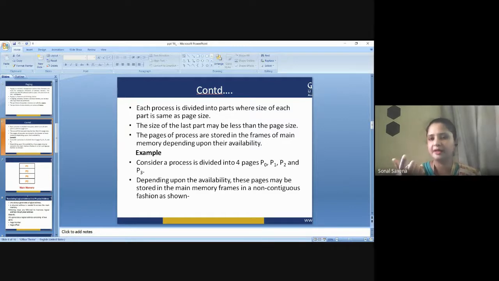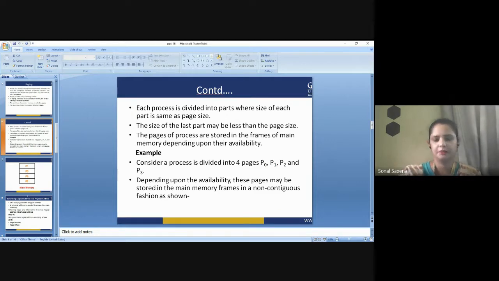But because the page is of 2 bytes and I am only storing 1 byte, 1 byte will be wasted in this page. It is not at all a problem. The size of the last part could remain less than the page size, because we don't assure that the size of the process will always be equal to the page size. It could take any number of pages, and the last part can always remain partly unused.